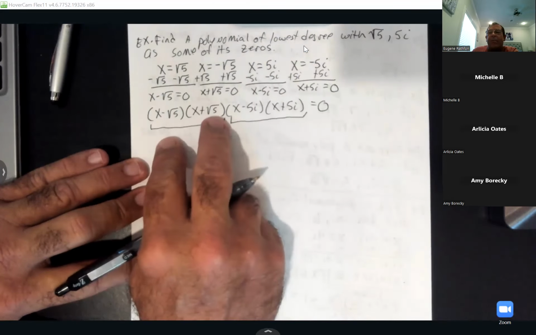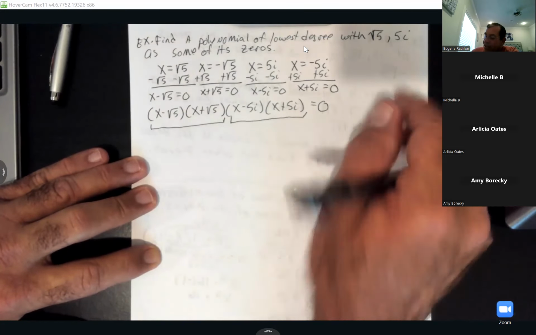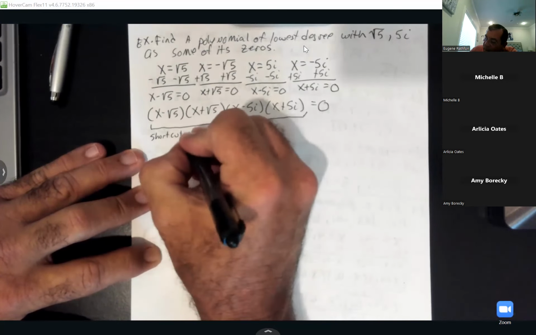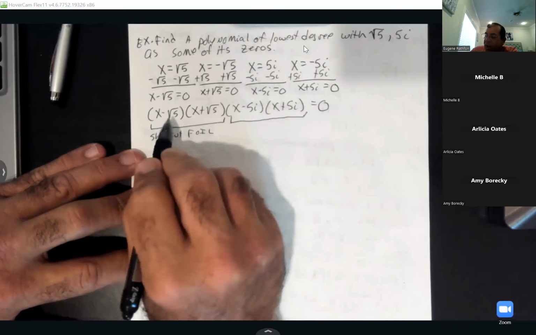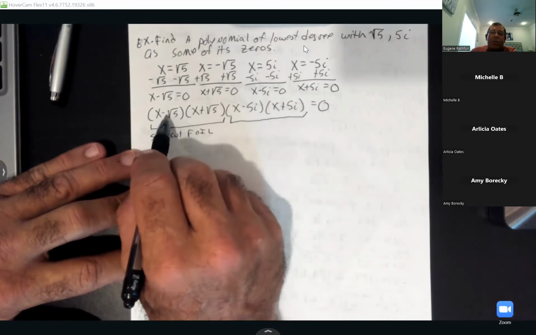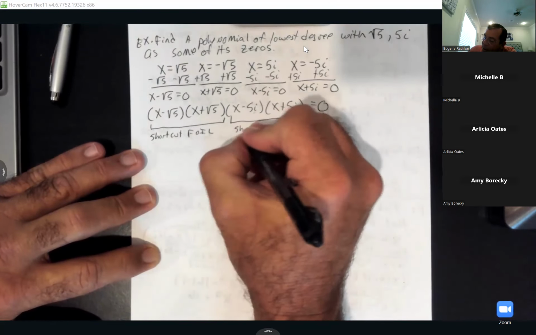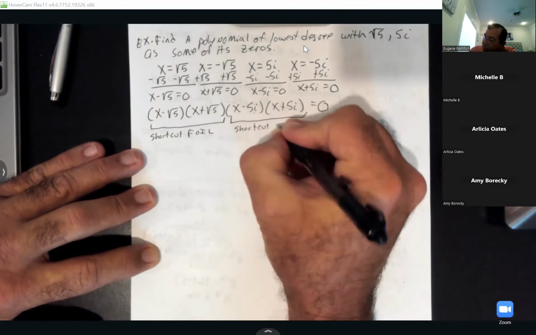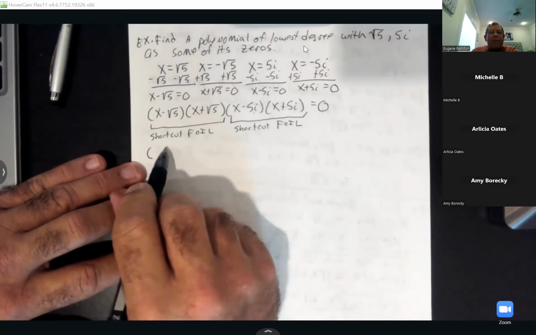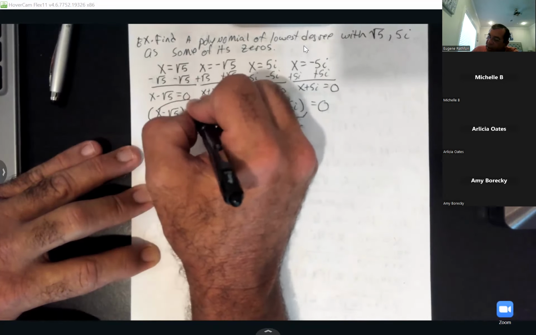Since these are conjugate pairs and those middle terms always sort of cancel out, I'm going to show y'all how to shortcut FOIL, only when you got conjugate pairs. And remember, conjugate pairs got to look the same other than one's subtracted, one's added. So these are conjugate pairs also. So I'm going to show you how to shortcut FOIL that one also. So let me start with my first one.